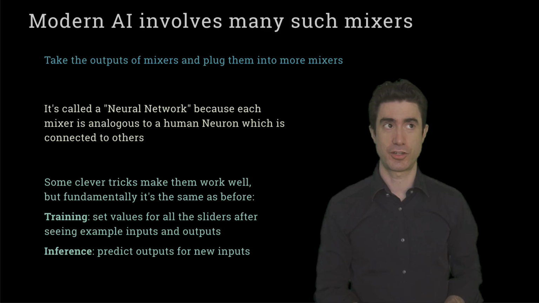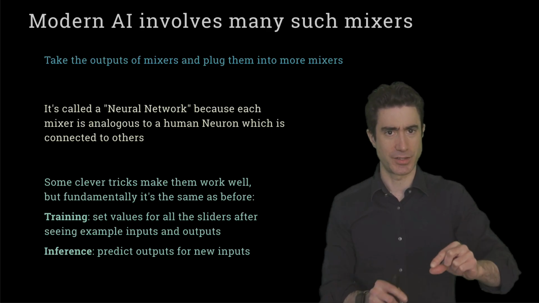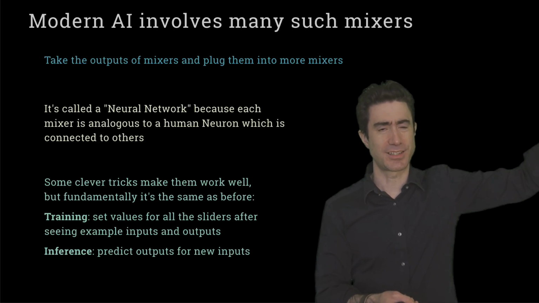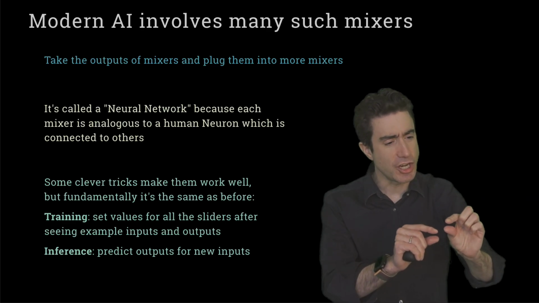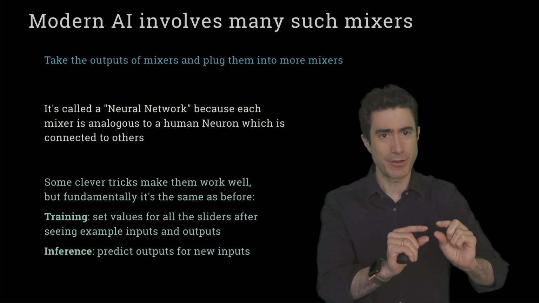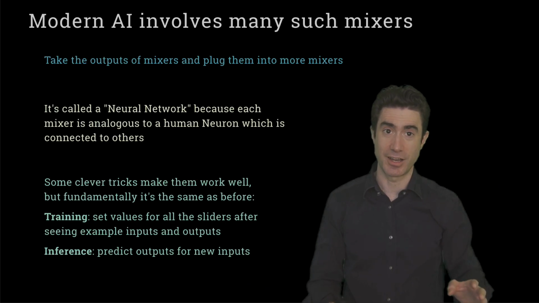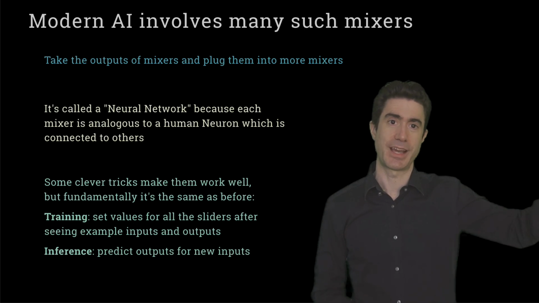One of the quite important tricks is the way that these sliders, these parameters, are changed. There's a clever trick for getting the output, deciding how close that is to what you wanted, and then being able to just nudge each of the different sliders across this network of mixers so that next time, if you have exactly the same input, you'll do slightly better with the output.